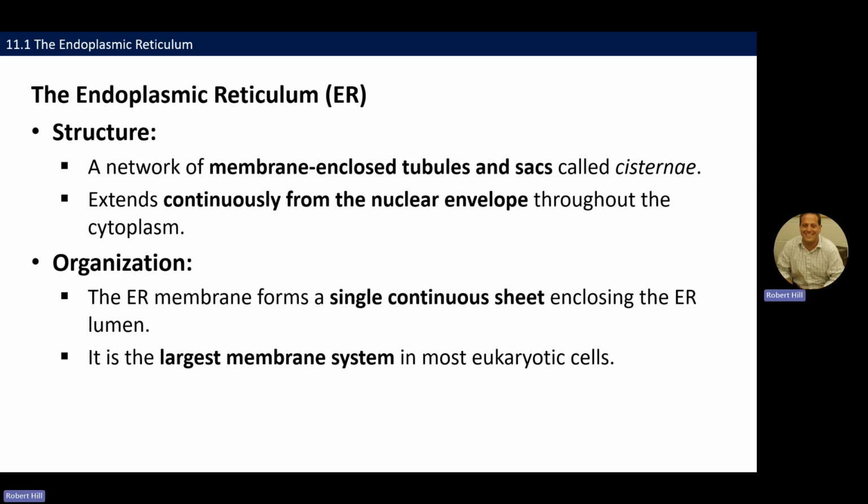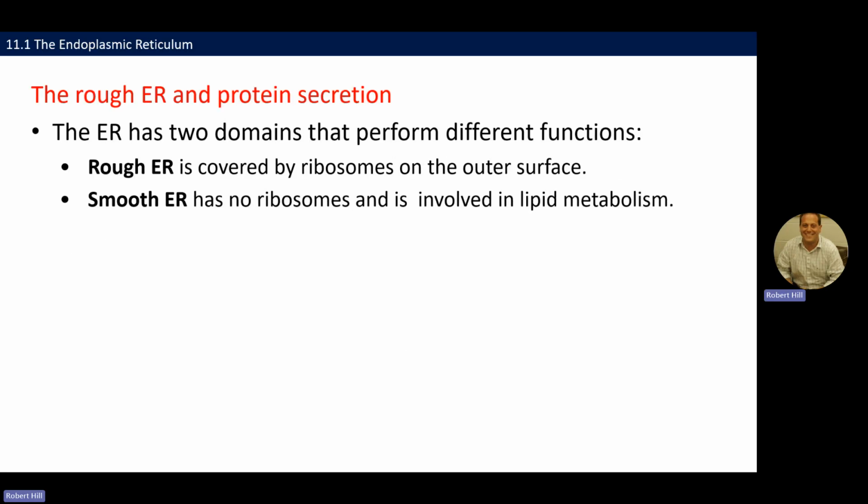So the lumen of the ER is basically continuous with the area between the outer and inner membrane of the nuclear membrane. About 50% of membranes in the cell come from the ER, or are the ER. So a majority of the membranes of the cell are actually part of the endoplasmic reticulum.